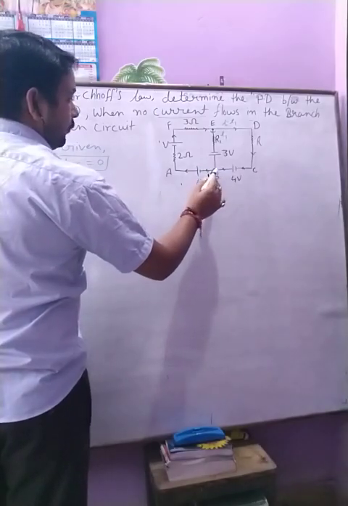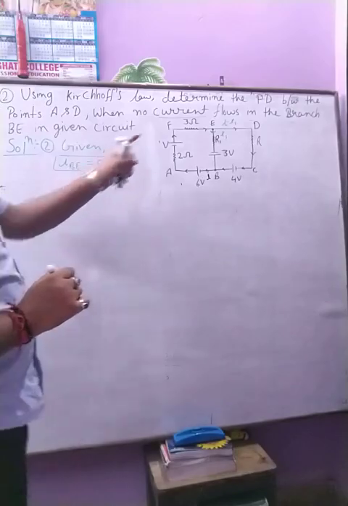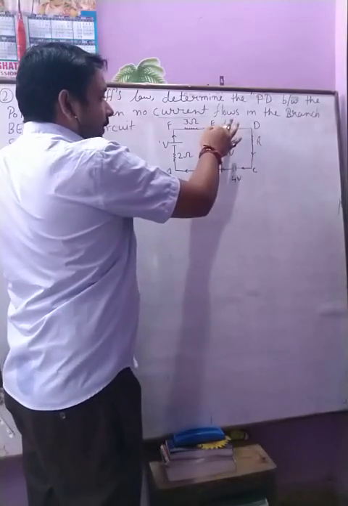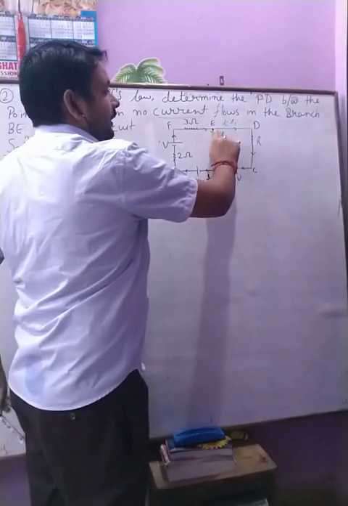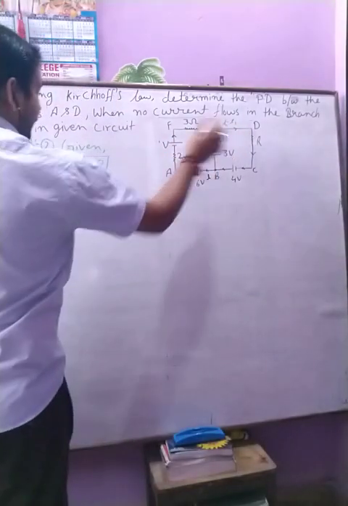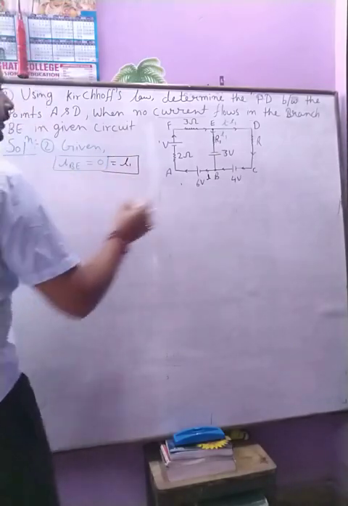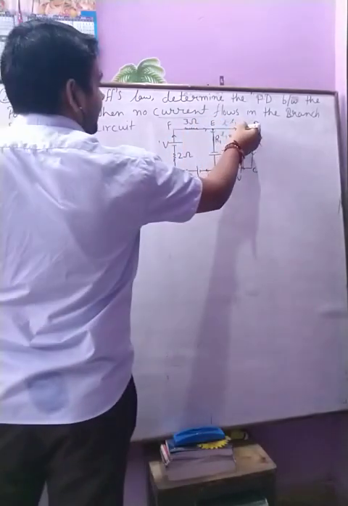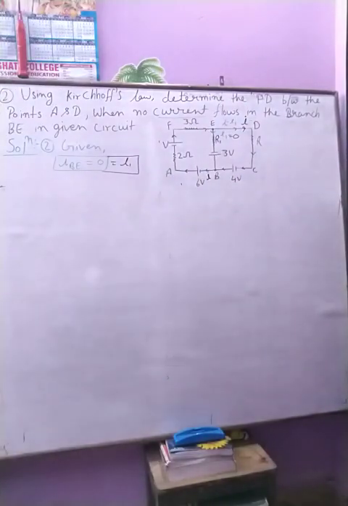When the current is moving from B to A to F to E, and when it reaches E, it will divide in two parts. In branch E to B the current I1 is flowing, and in the branch E to D it is I minus I1, but it is given that I1 is 0, so there is no current flowing here. So this value after distribution is also I.